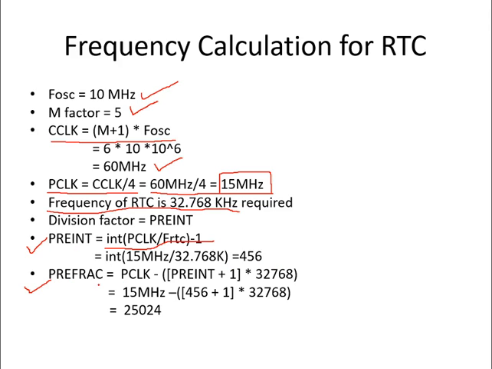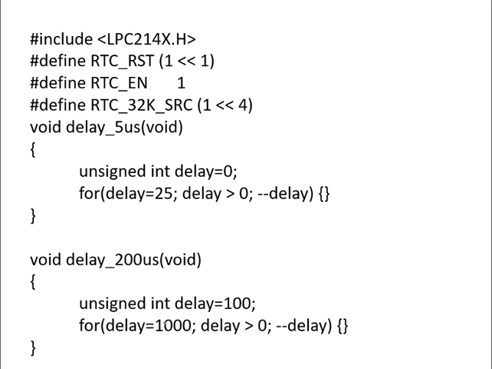Similarly, prescaler fractional, which will give you the exact 32.768 kilohertz, we are calculating the fractional part also. So prescaler fractional is equal to PCLK minus (prescaler integer plus 1) into 32768. These are standard equations for calculation. When you calculate it, you get the prescaler fractional part as 25024.